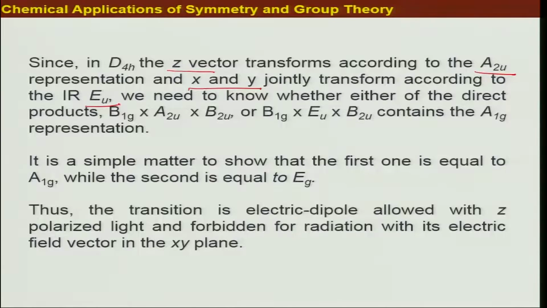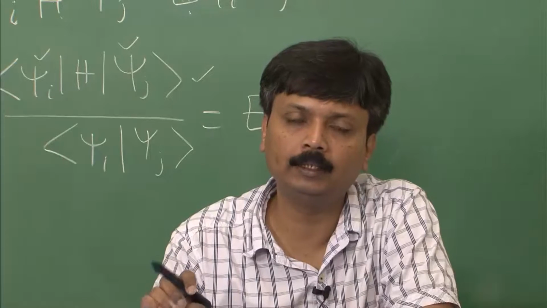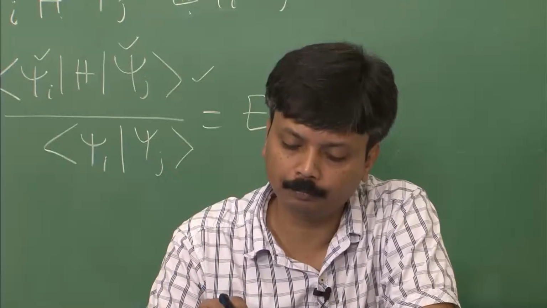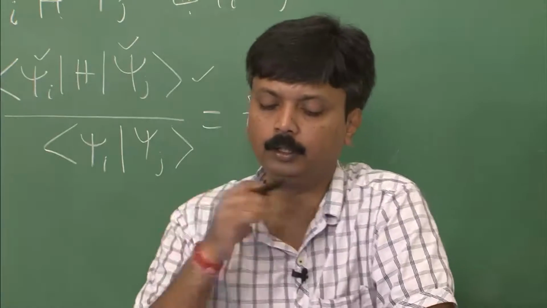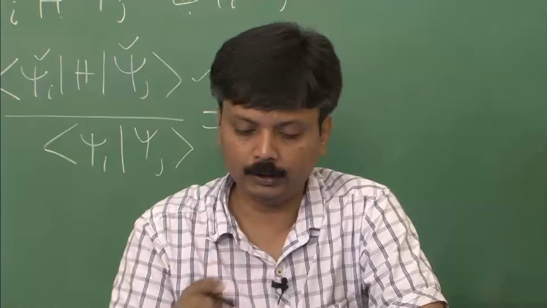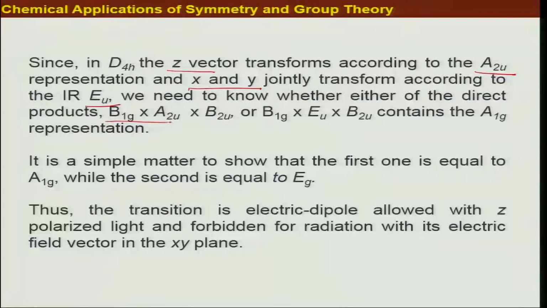So, what we have to do is replace delta and delta star by their respective irreducible representations, and also replace x, y and z by their respective irreducible representations. Then we are left with these two different cases of direct products. Whichever direct product yields the totally symmetric irreducible representation will survive.